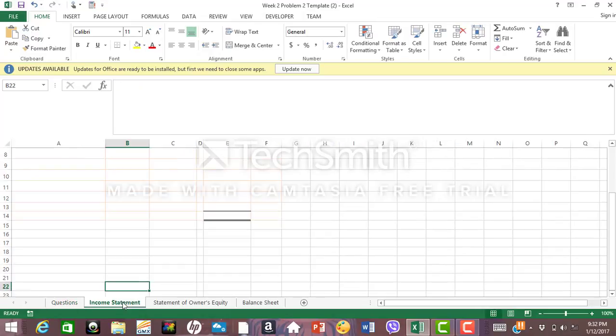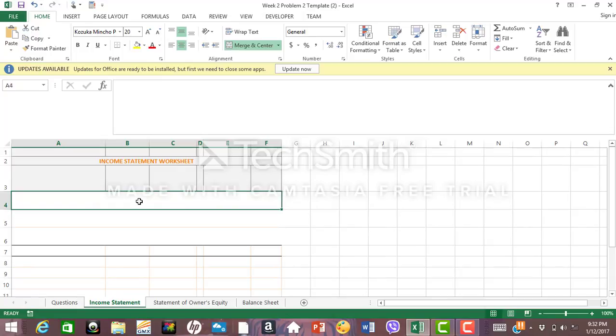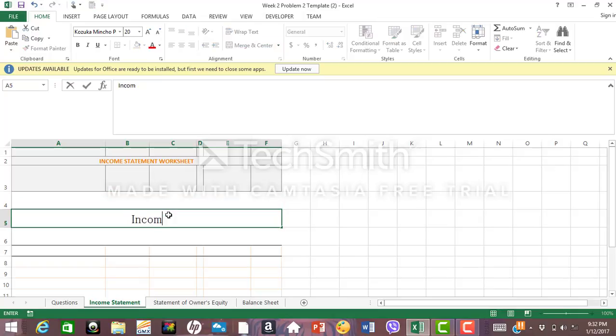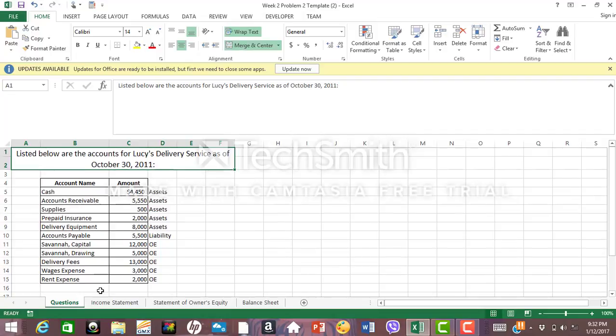Okay, we open up the income statement. The very first line has to include the actual company name. The second line has to include the name of the statement, and the company name is Luce's Delivery Service.